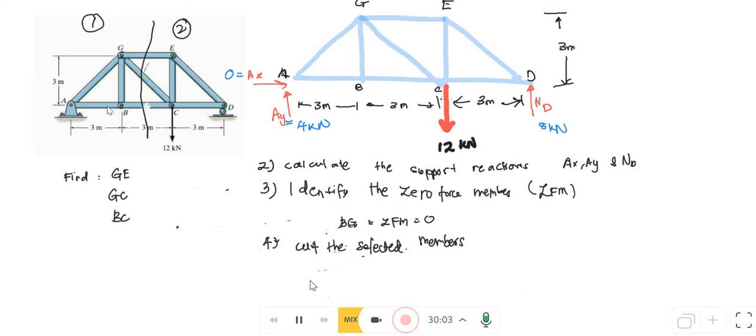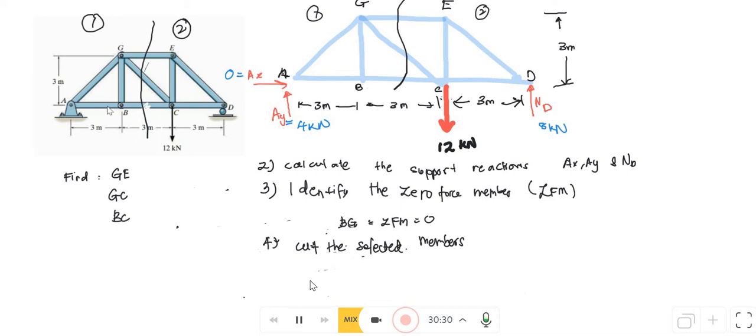Sorry, I have to do that cutting in your FBD here. You can see that we have section 1 or section 2, depending on whether you want to label it as section A or section B, but we know that it becomes 2.